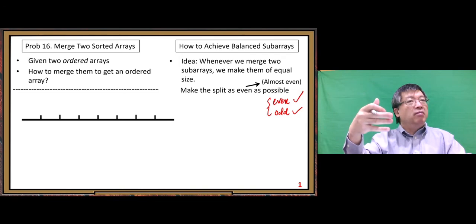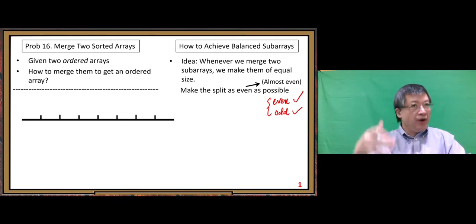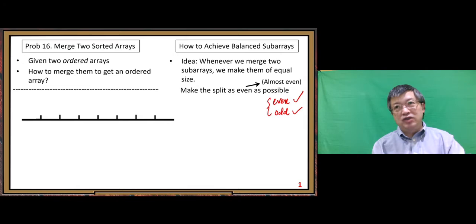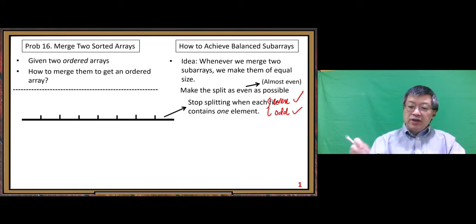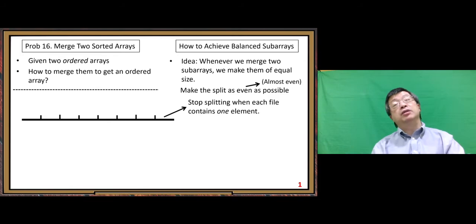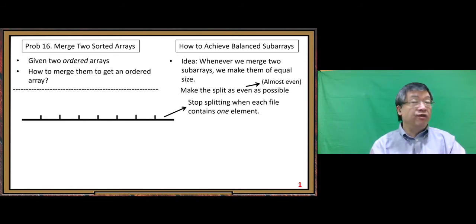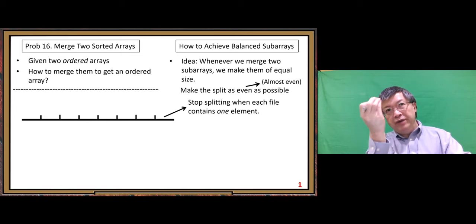But you have to stop somewhere, right? You cannot split in this way forever. So stop splitting when each subarray contains one element. One element, you cannot split further. So you have to stop if you get a one element array.